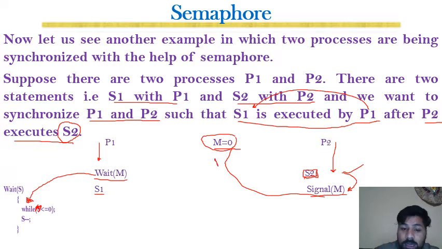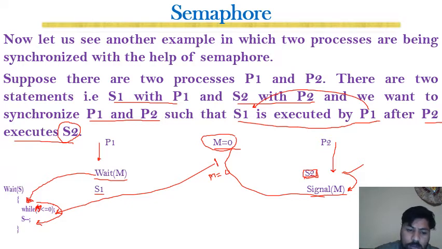This value is being watched by the wait function, which was waiting for it, and as soon as it finds that the value of m is 1, it will decrement the value, that is, it will again turn the value of m to 0.